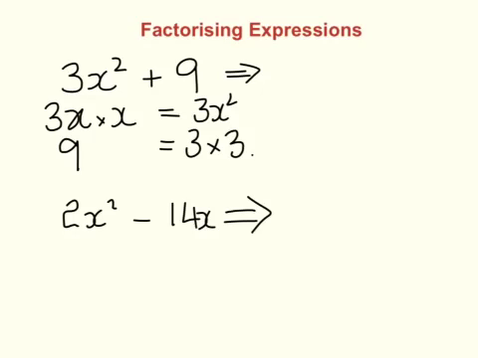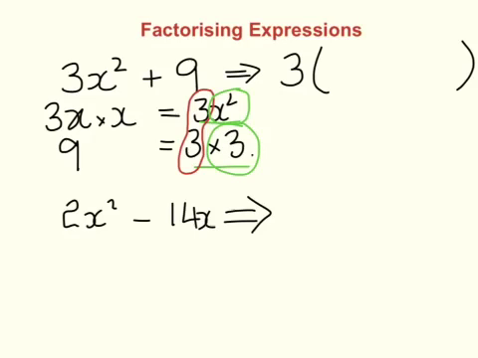So looking here and here, our common factor is 3. That means that our 3 needs to come outside of the brackets. Inside the brackets, we have an x squared and we have a 3. So we have x squared and a 3. But what sign do we put in here?